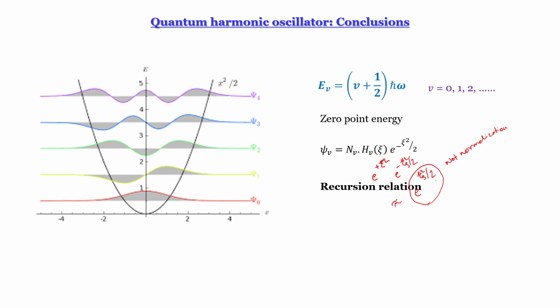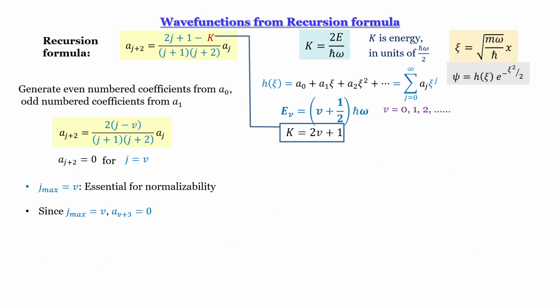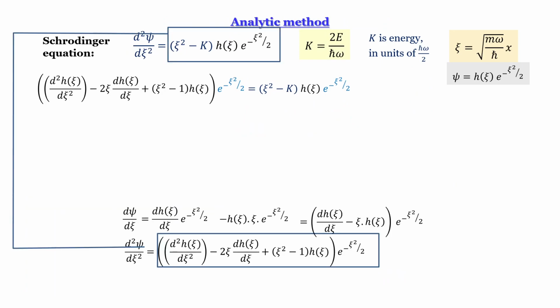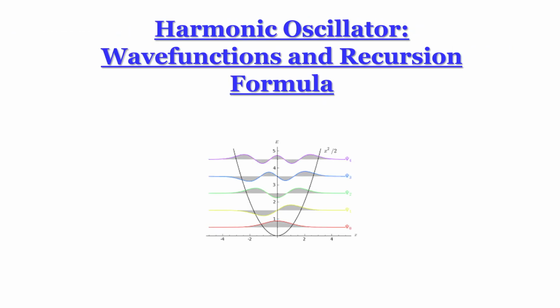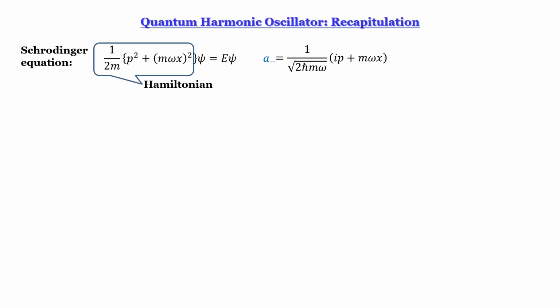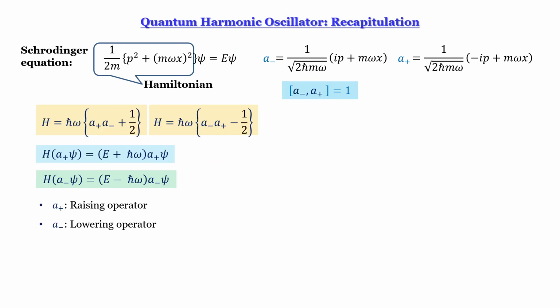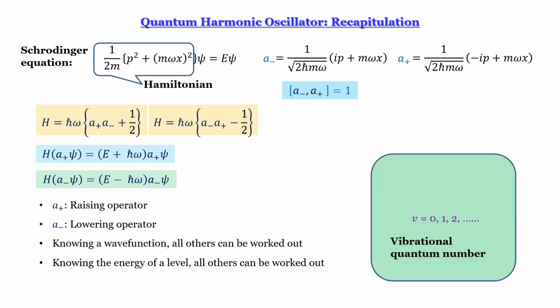Actually, to be honest, I haven't done this part of the harmonic oscillator. But Professor Datta, before he started the recursion formula, did the ladder operators, and he said that with the ladder operator you can find the energies and wave functions one up or one down by using a plus or a minus.